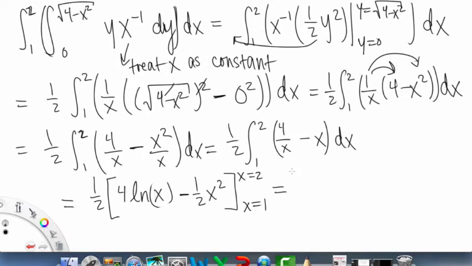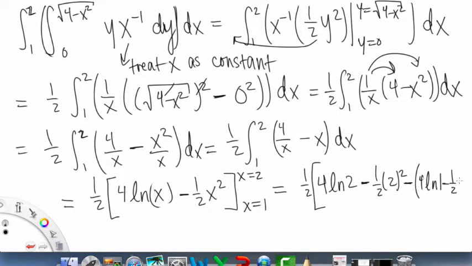So then when we simplify, we get 1/2 of 4 times ln 2, and then minus 1/2 times 2 squared. And then we have 4 ln 1, and then a minus 1/2 times 1 squared. So that's just 1/2, okay?